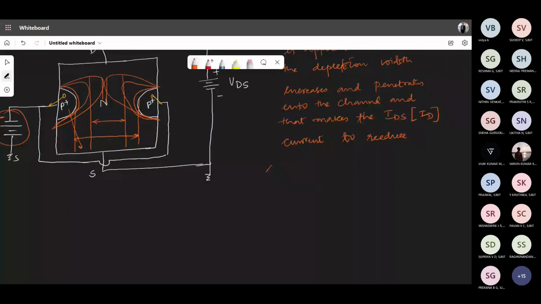So when VGS becomes equal to VP, what is VP? It is called the pinch off voltage.